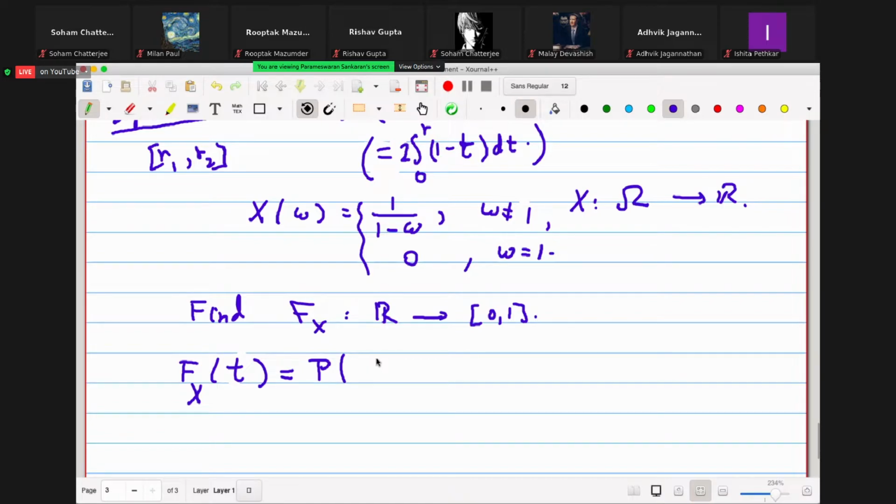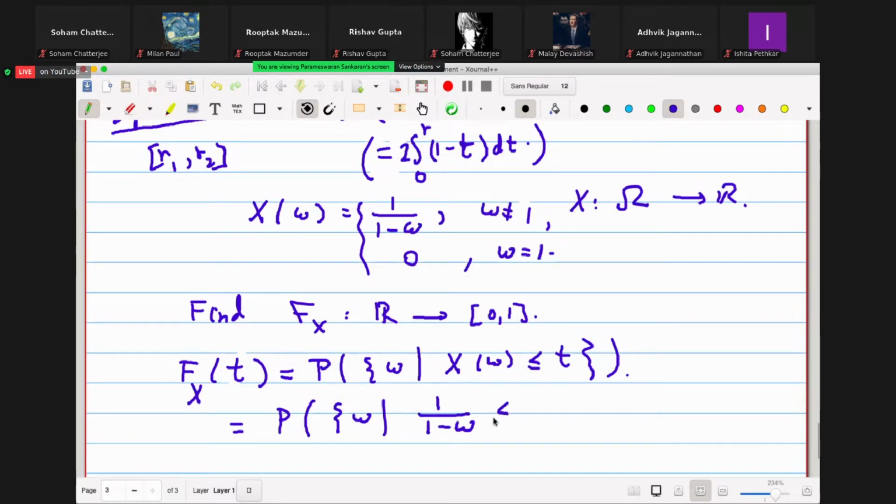So this is the probability of omega such that x of omega is less than or equal to t. After this stage, you may first simplify this and then plug in. Anyway, I write it: x of omega is 1 by 1 minus omega, less than or equal to t.